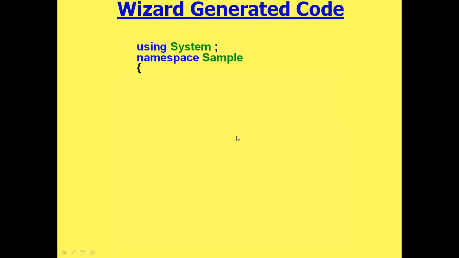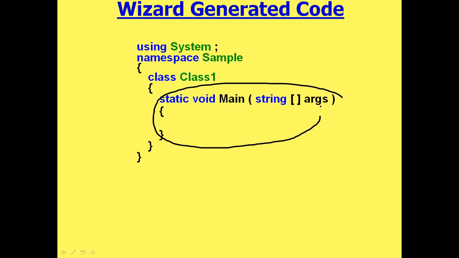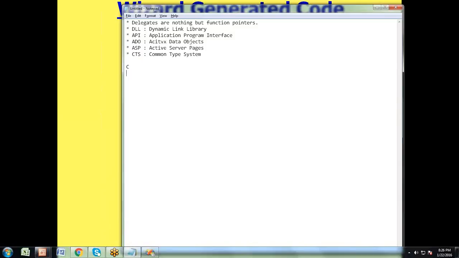Once you say OK, what you will observe is this window appears in front of you. Every console application begins with main. If you learned C language, in C language we know every program begins with main and every program ends with main, right?